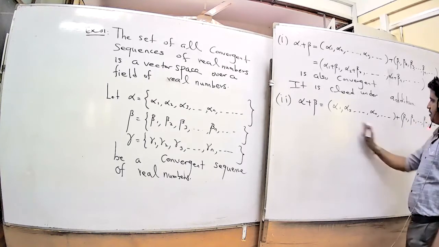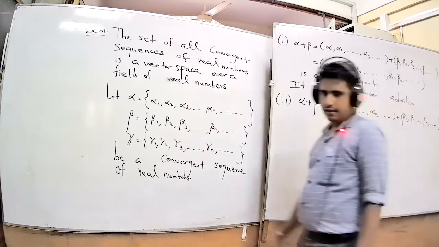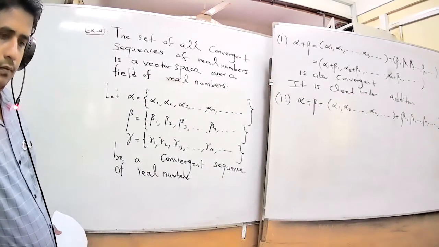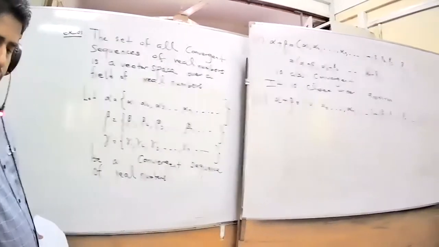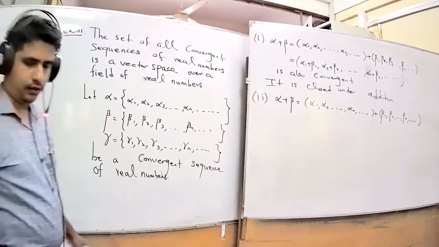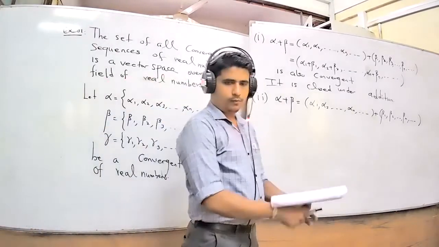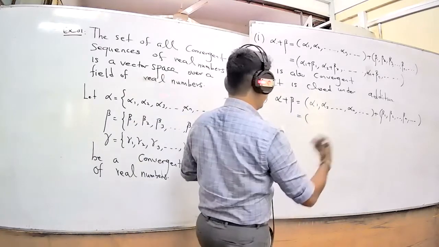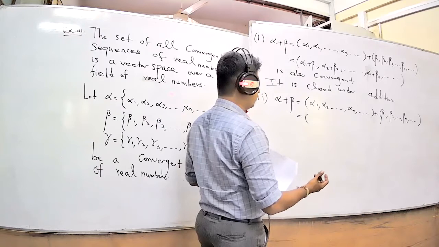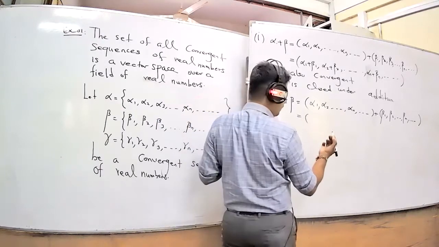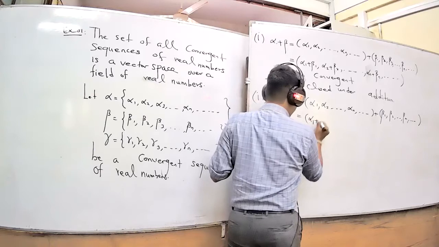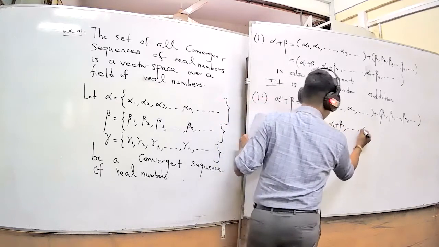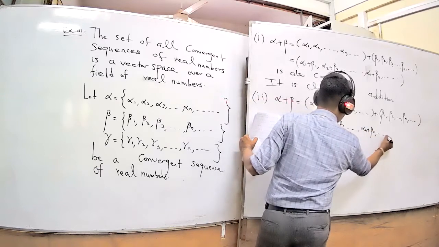These are the sequences. I already told you we can add coordinate wise, the usual addition: alpha 1 plus beta 1, alpha 2 plus beta 2, and so on, alpha n plus beta n, and so on.